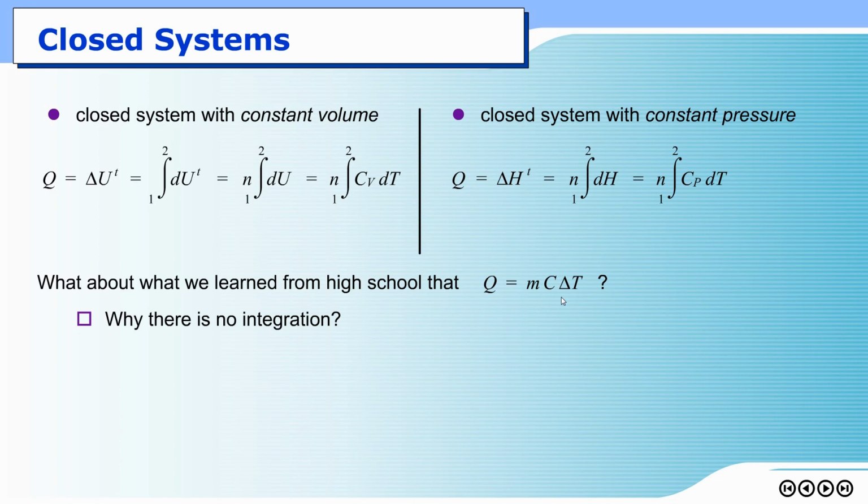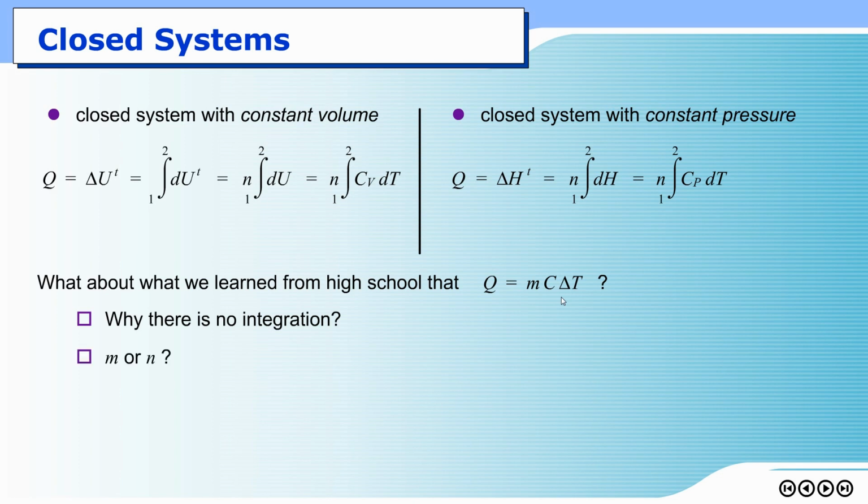So in high school, you basically use heat capacity under the assumption that it is not a function of temperature. That assumption is valid only for a small range of temperature. But in engineering applications, the temperature range is much wider. So we have to be very careful and consider that within that wide range, heat capacity is a function of temperature, and we have to use the integration form.